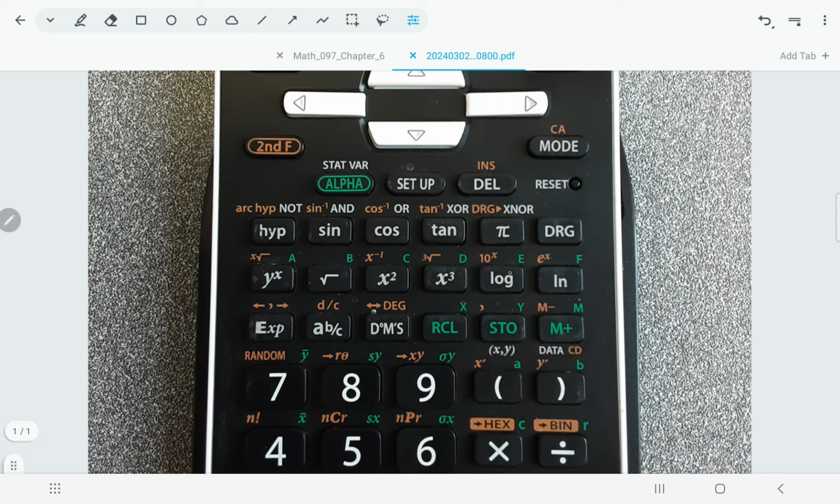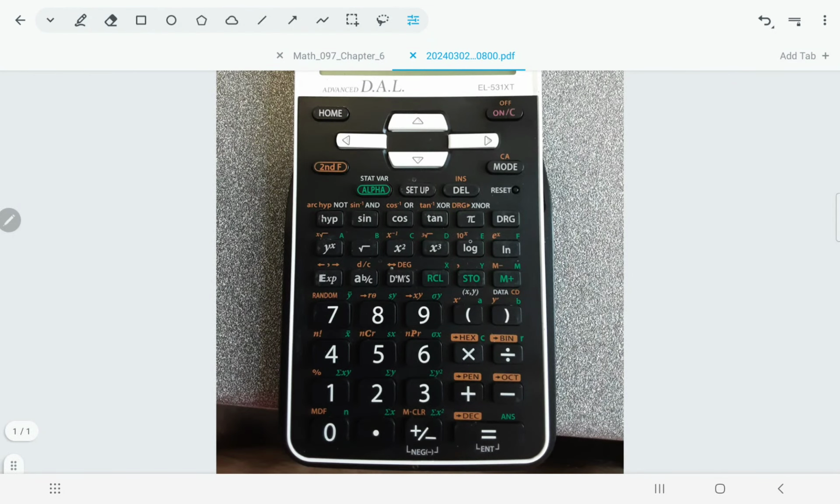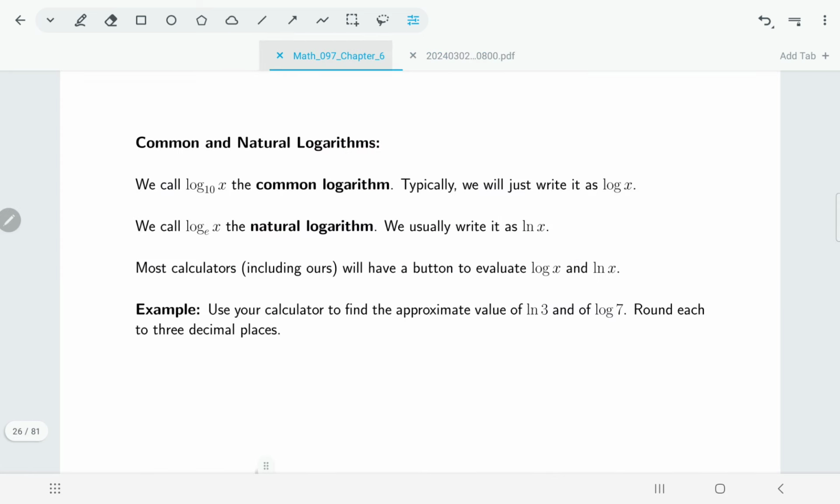To use these buttons, it's pretty easy. We just touch log and then whatever we're looking for log of. So if you were looking for log base 10 of 7, you would enter log and then 7 and then equals. Of course, these things that we're going to evaluate are certainly not going to be nice numbers, because if we're asking ourselves, what is natural log of 3, we're asking ourselves e to what power gives us 3, and the answer is not going to be anything terribly nice.